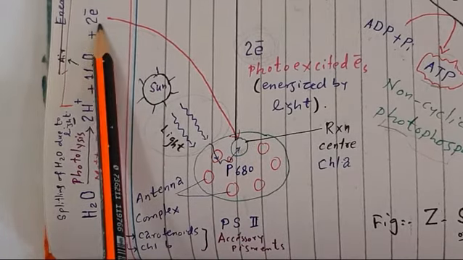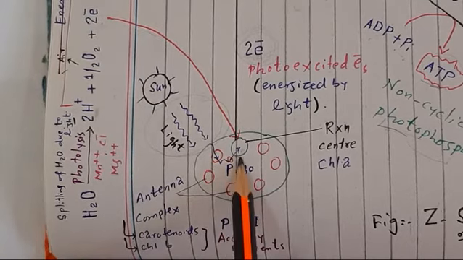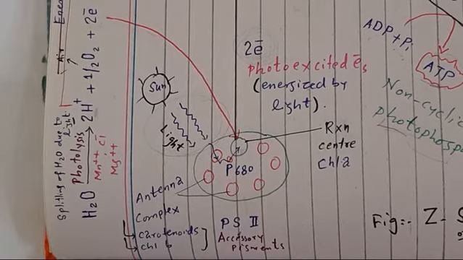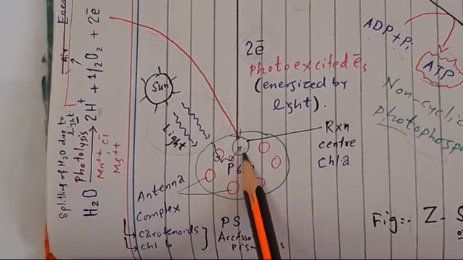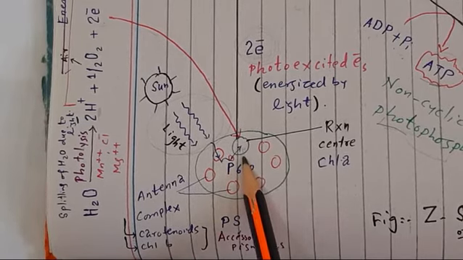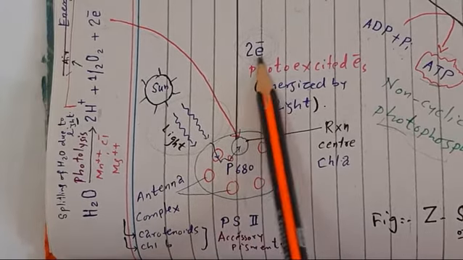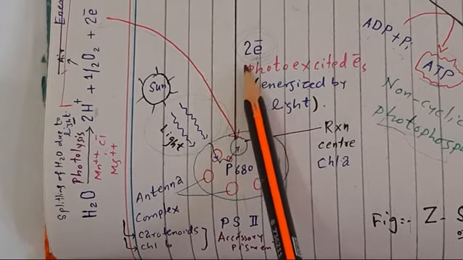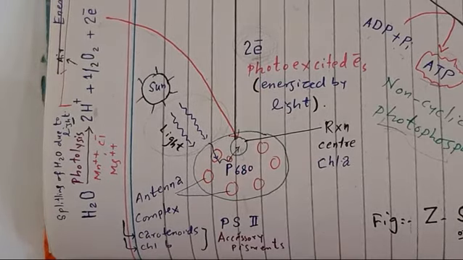Once again, electrons from the water are received by the positively charged chlorophyll molecule of photosystem 2, filling the gap produced by the two high energized electrons.